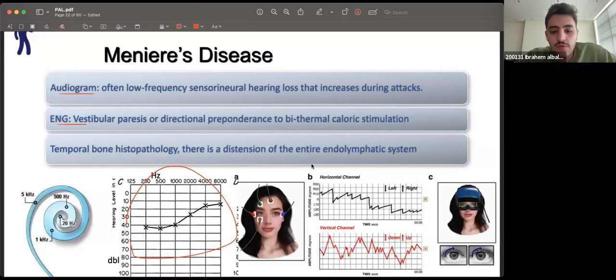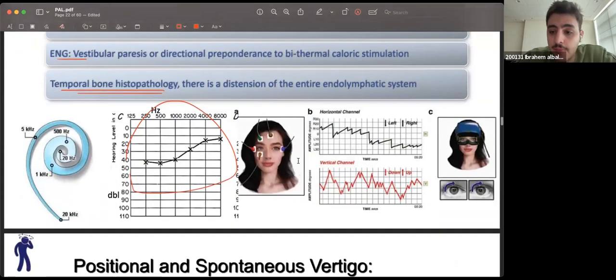Okay, so it will further help you towards Meniere's disease. Temporal bone histopathology, as you know, the inner ear is found within the temporal bone, and when you have more endolymph production, the inner ear is going to grow, and hence you might see that reflected on the temporal bone histopathology. Okay, as we said, these are the goggles which we talked about to help you see the eyes clearly.